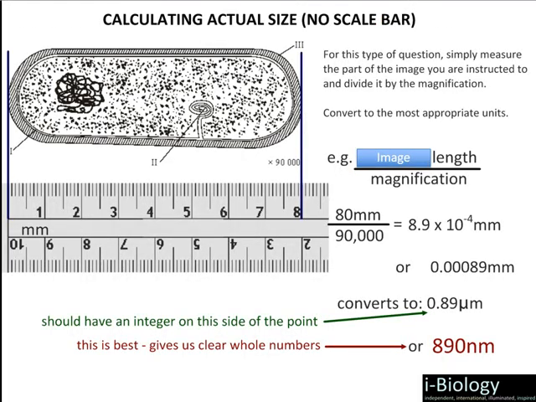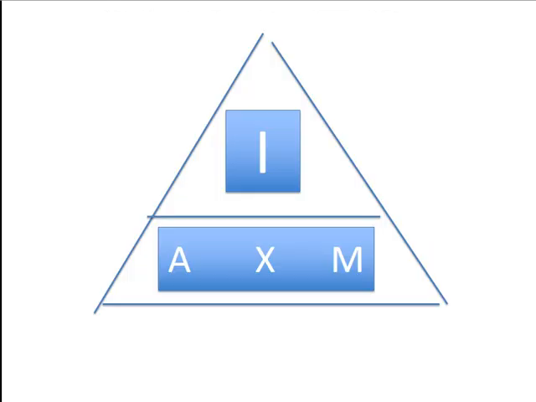This is another type of question you might encounter. What you might need to do in this one is calculate the actual size of an organism. Now that's pretty simple. It's nothing too tricky, but it's easy to get mixed up with the numbers. There's a basic equation that we have to use, and for this equation you can use a triangle to help you remember it.